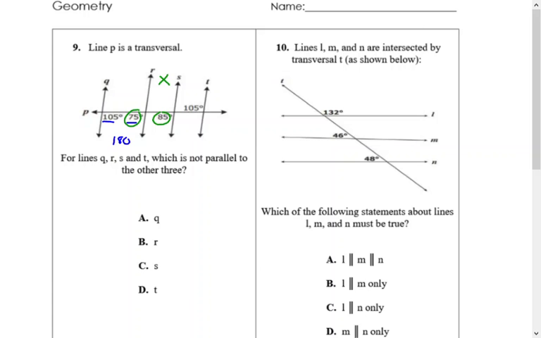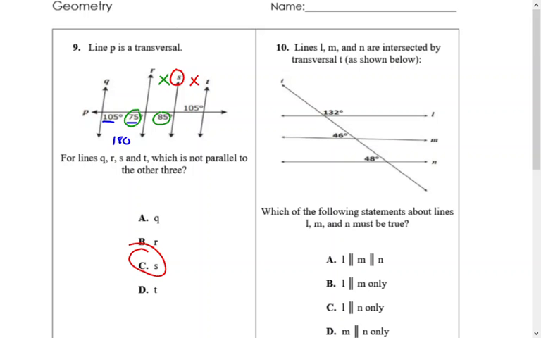And then if we were to compare S and T, they should add up to 180 and they add up to 190, which means that they are not parallel. If we were to compare Q and T, we have 105 and 105, they are parallel. So what's in common with our ones that are not parallel is side S, and that is our answer.